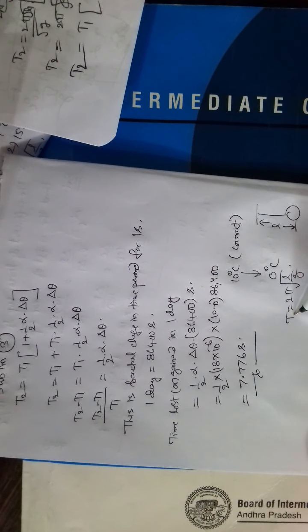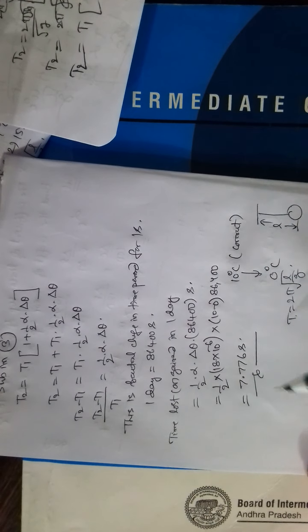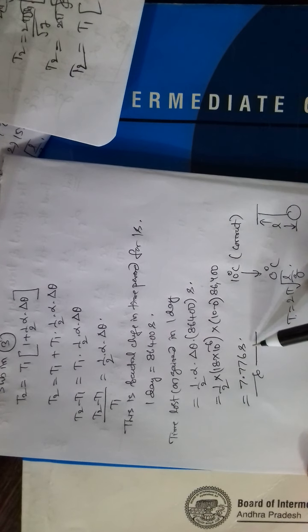Time period decreased means it is completing one oscillation quickly. It means the clock is going fast, so it will gain time. Therefore here the time is gained. Every day it gains 7.776 seconds of time.